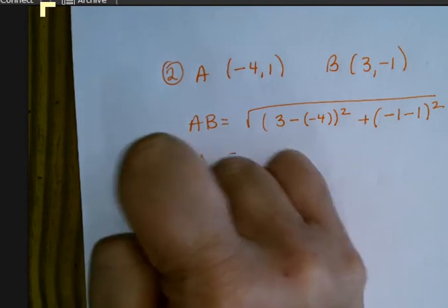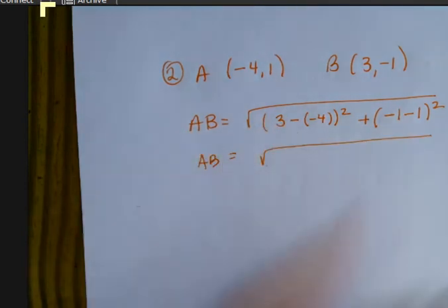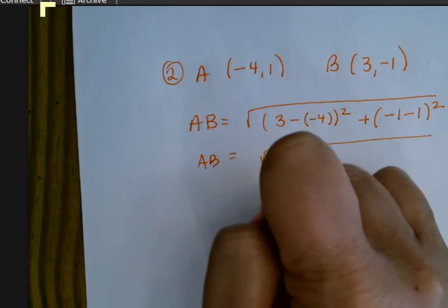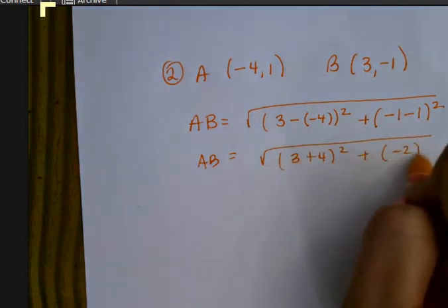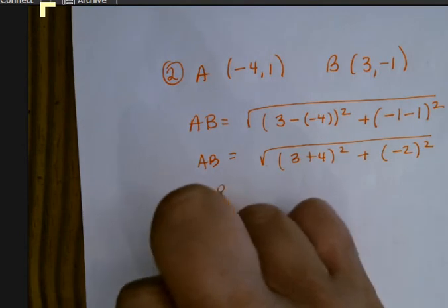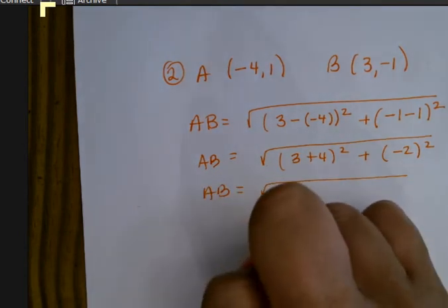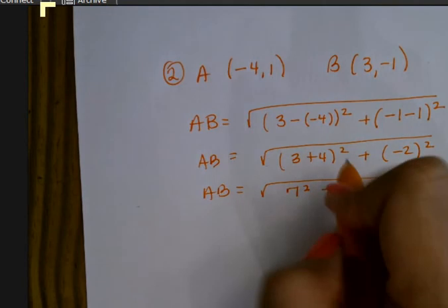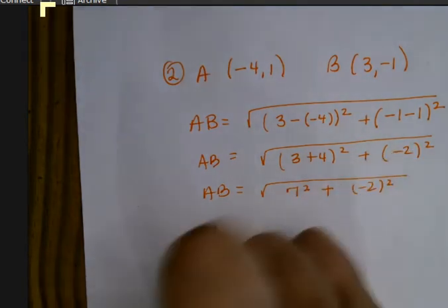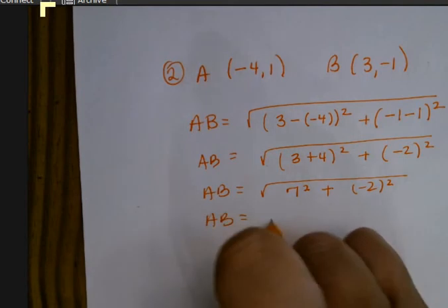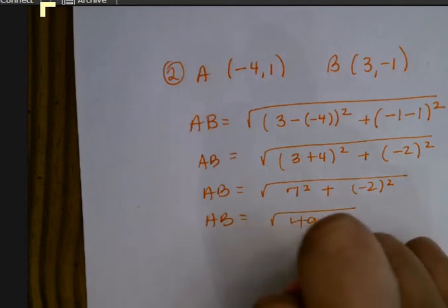Second step, simplify the parentheses. So I have 3 plus 4 squared plus -2 squared. So I have 7 squared plus -2 squared. You probably could have simplified that a little quicker, but that's okay. 49 plus 4.